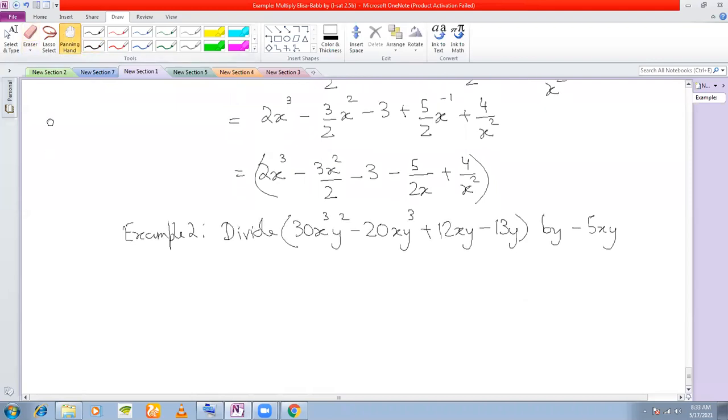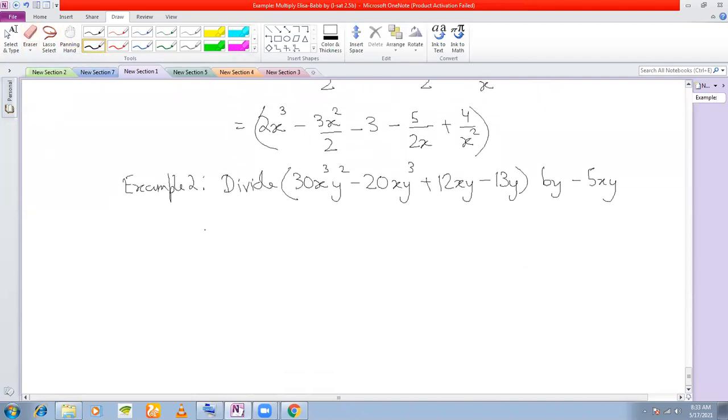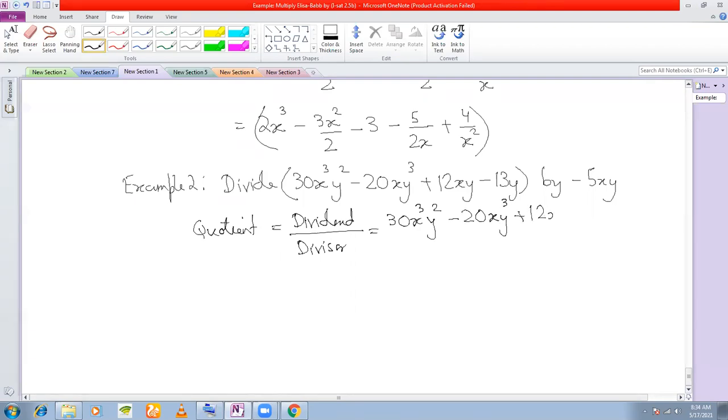Okay, so this time I write directly dividend by divisor. The quotient here is dividend by divisor. Write the expressions. 30x cube y square minus 20xy cube plus 12xy minus 13y. This by divisor, you have minus 5xy.